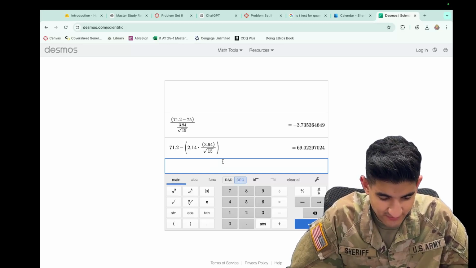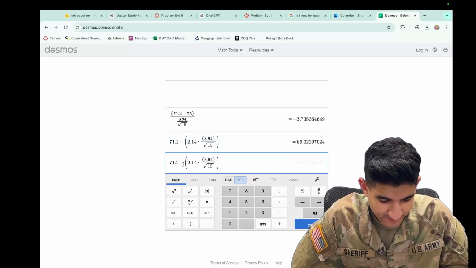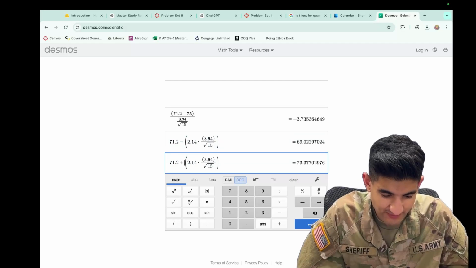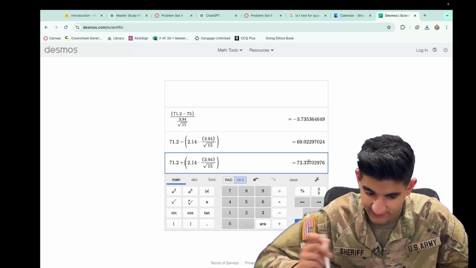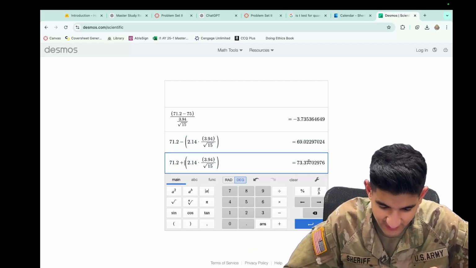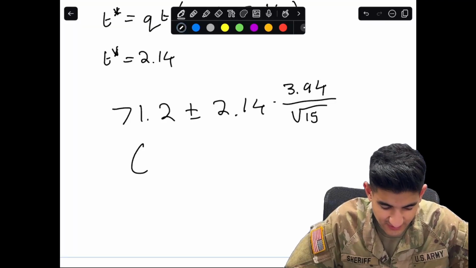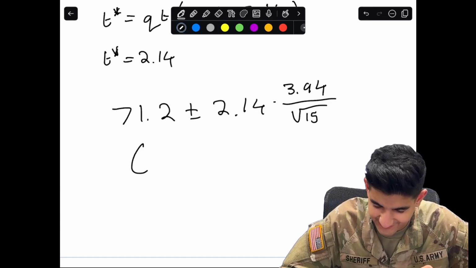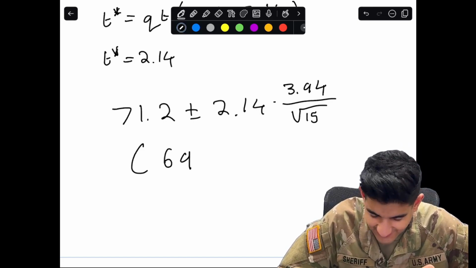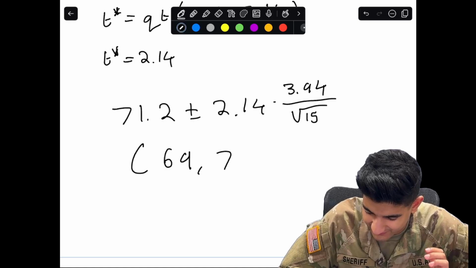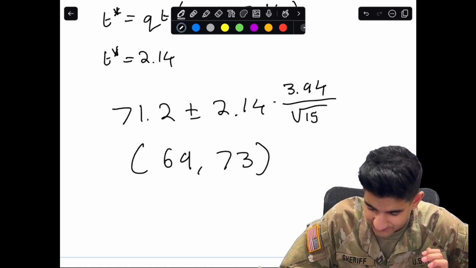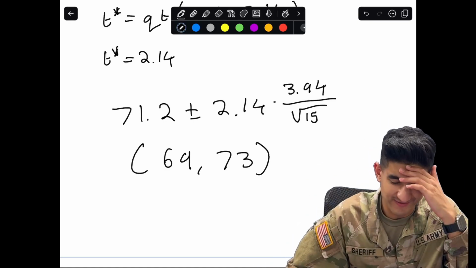And then I'm also going to do this exact thing, but with plus, because remember it's a plus or minus, and I get two values, and I can now make my range. So we're going to re-enable our iPad screen, and it's going to be 69, and I'm not going to put the decimals, to 73. Put your decimals. Don't be lazy like me.